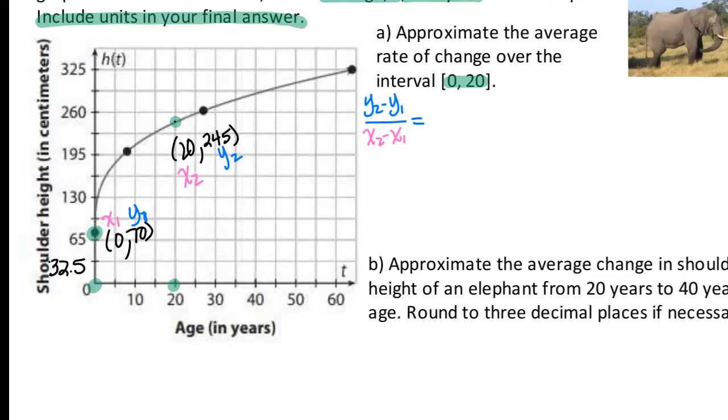So just like we did for the prior knowledge, you subtract the y's. So we get 245 minus the y1, which is 70, over the x2, which is 20, minus x1, which is 0.